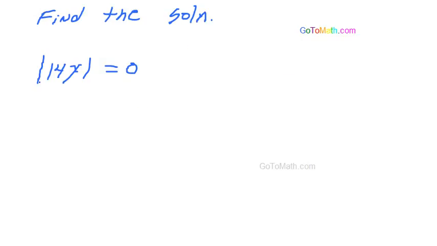Okay, so what's going to happen here is you drop the absolute value signs and just rewrite this. So there's a two-step process to this. You're going to have two equations, is what I'm trying to say.